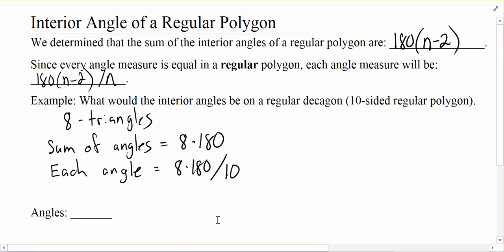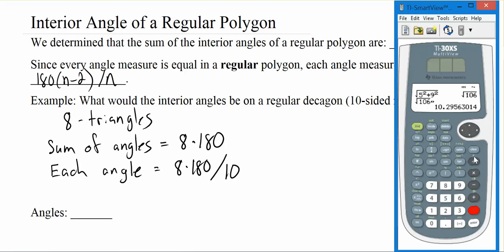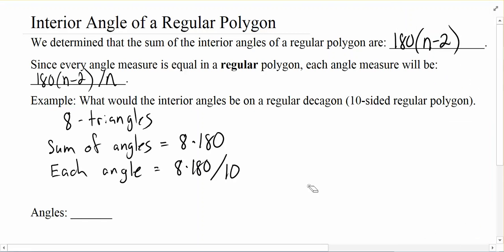And so we can use our calculator for this. We could say 8 times 180, divided by 10, gets us 144. So we can see that each of the angles is 144 degrees in this 10-sided regular polygon.